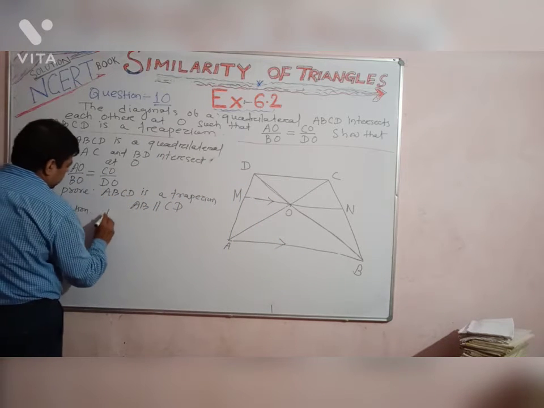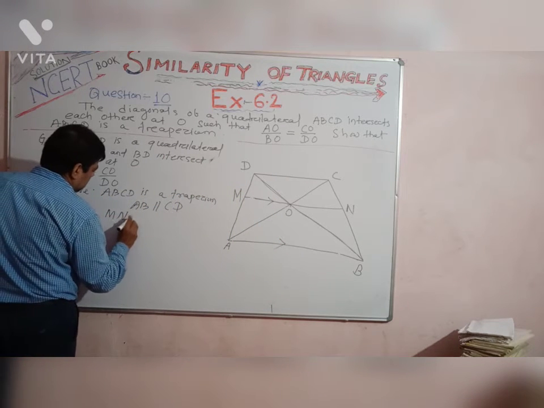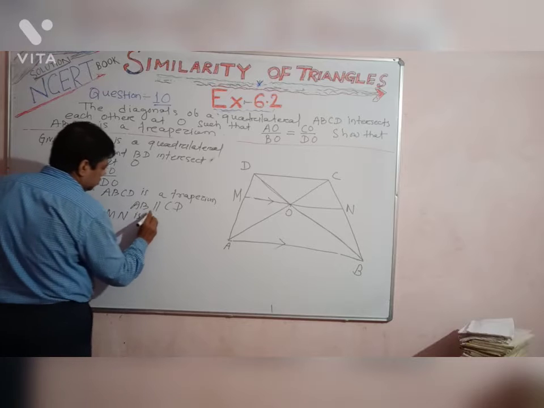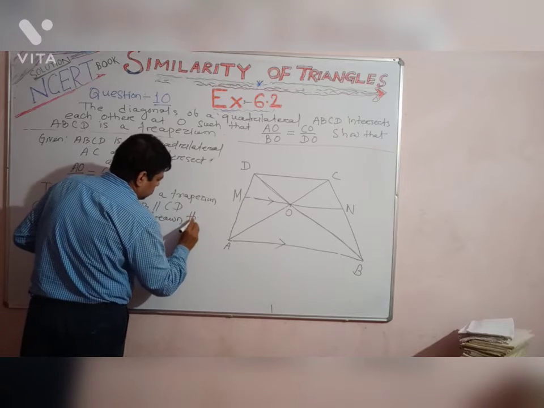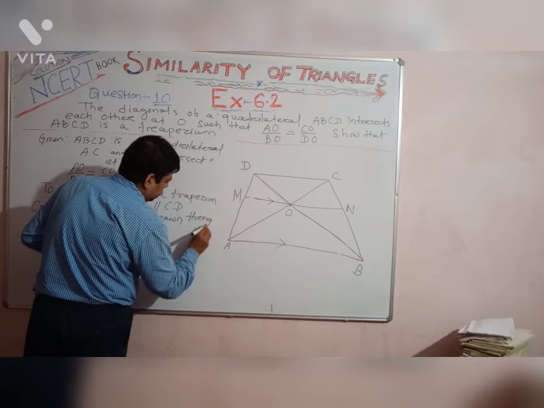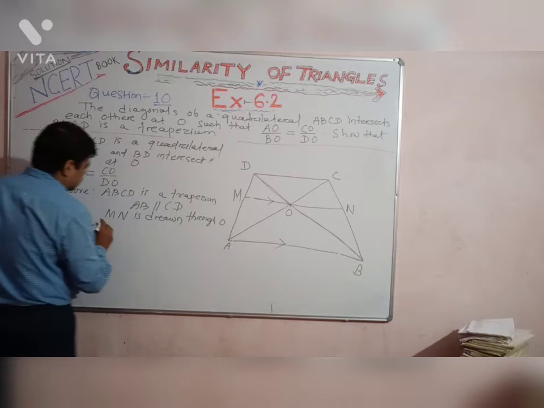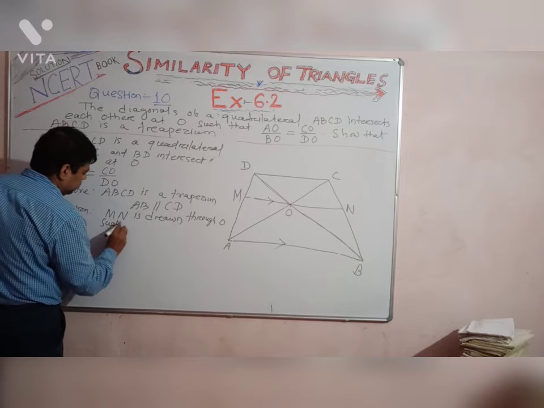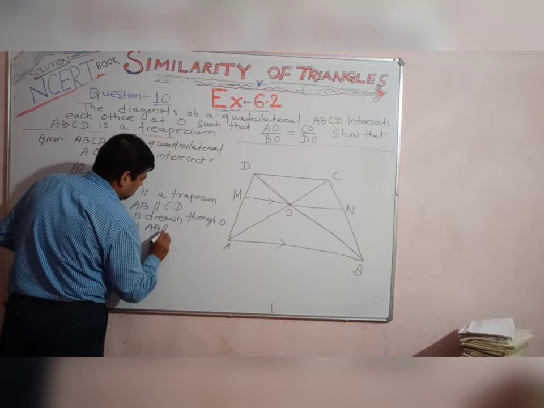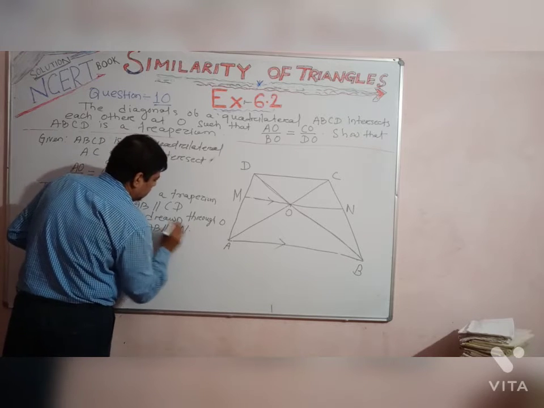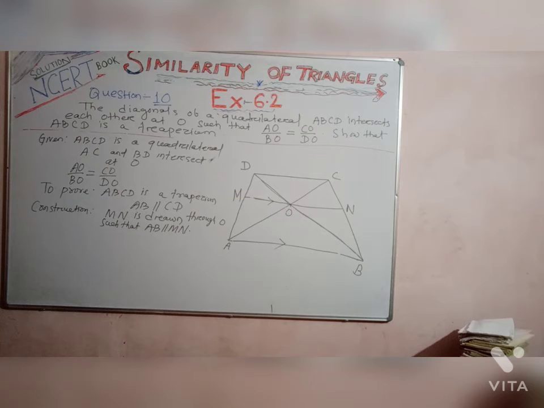The line MN is drawn through the point O such that AB is parallel to MN. This is the construction for the given question.